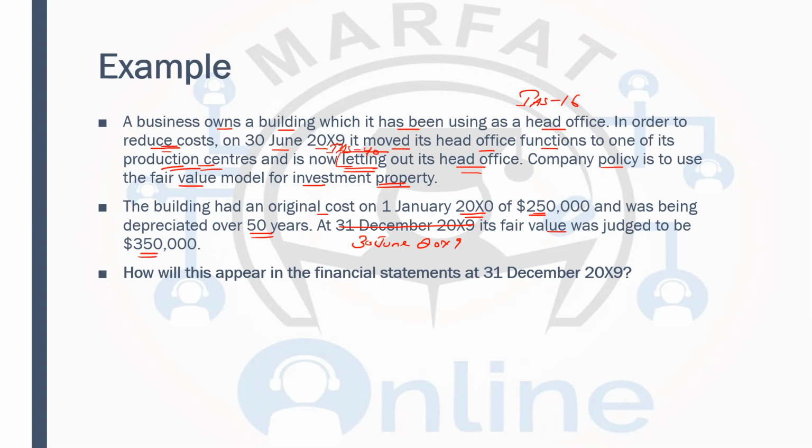I told you that you have to calculate first the carrying value at the transfer date. The dates are very important. We need the carrying value at 30th June 20x9, so we have to calculate the depreciation. The asset was purchased on 1st January 20x0.